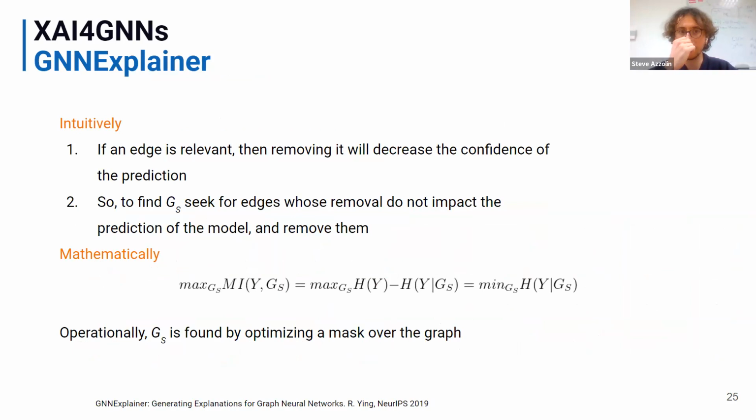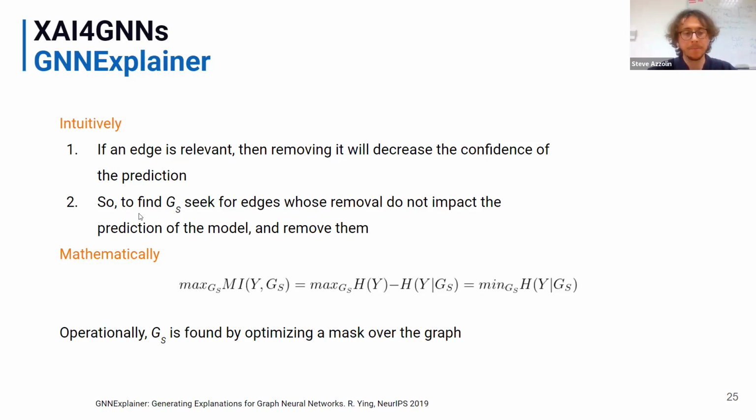And intuitively, the problem for the algorithm is formalized as follows. If a certain edge is relevant, it means that removing it will decrease the confidence of the prediction, right? It makes sense.